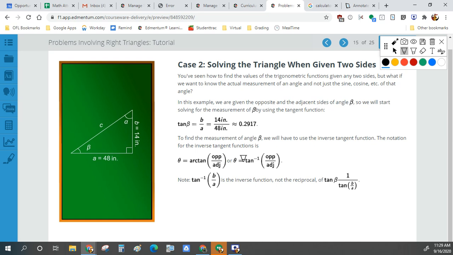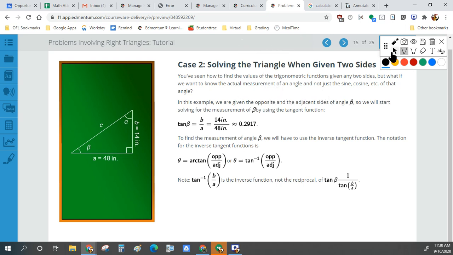So a normal trig function takes an angle and spits out a fraction, but an inverse trig function takes a fraction or a decimal, however it is, and it's going to spit out an angle. So that's what it's telling us here. This is how we're going to be able to solve for an angle.